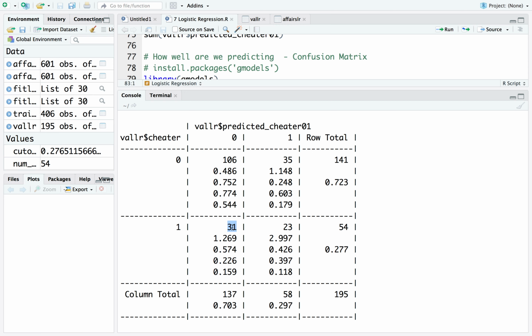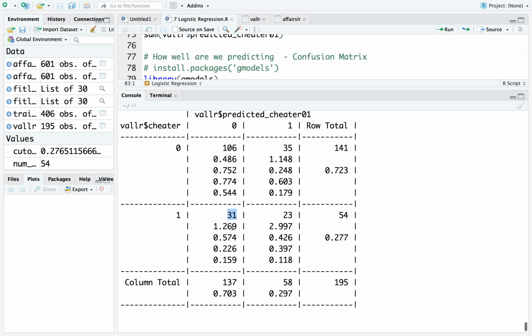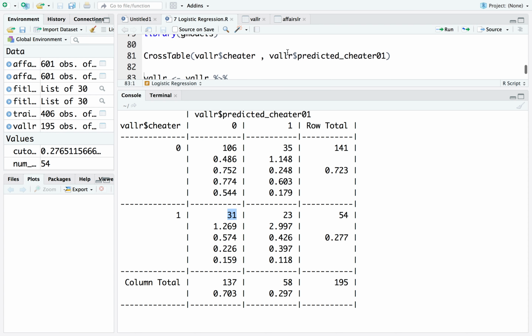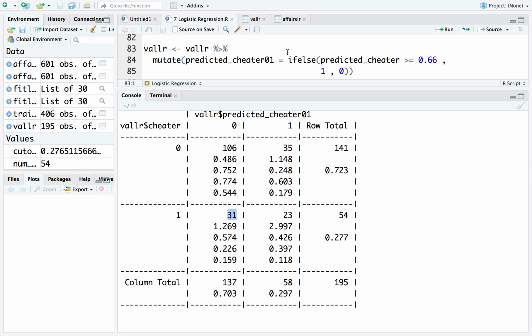Is this good enough? If you want to play around with your cutoff point, where you gain accuracy, say over here, you are going to lose accuracy over here. So let's just say that I change my cutoff point to 0.66. Let's see what happens.